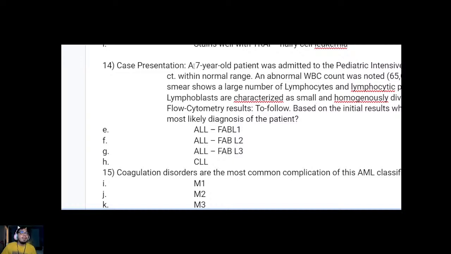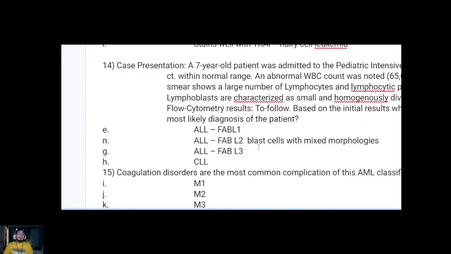Obviously, if this is a 7-year-old female, you would have to remove CLL. Remove CLL already. Okay? The other ones are very easy to identify. Burkitt cells, this is a characteristic of a Burkitt cell. Okay? Homogeneously diverse morphology. The other two, they would have normal sized blast cells with mixed morphologies.